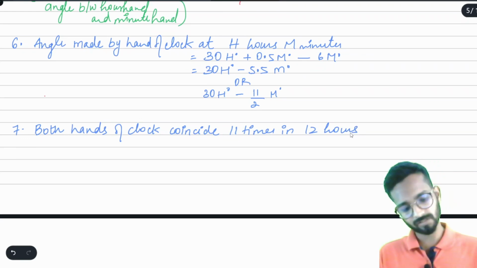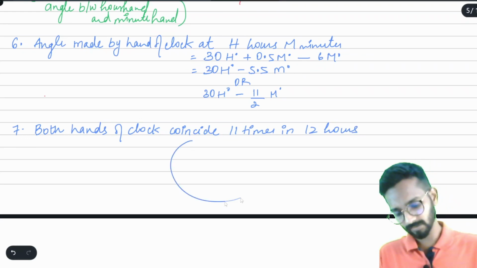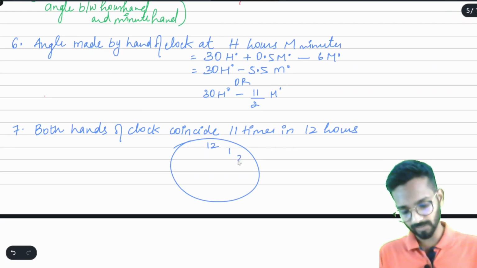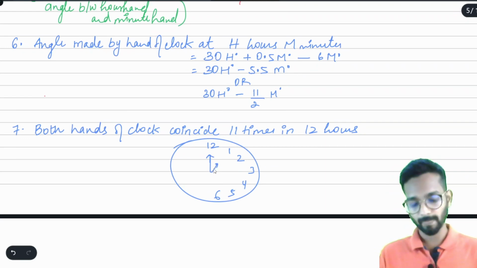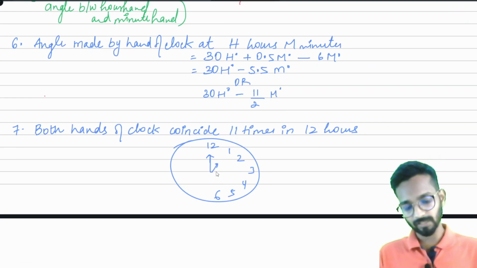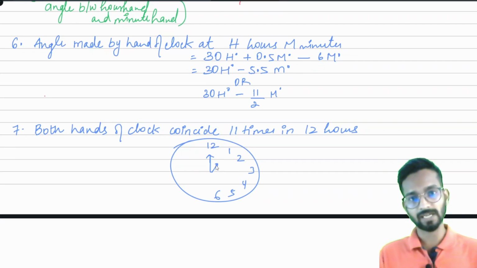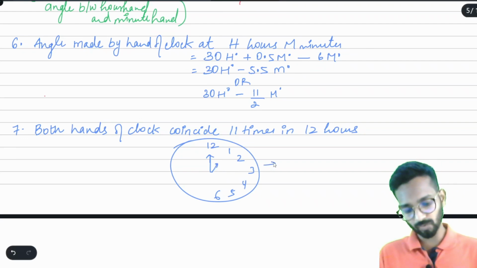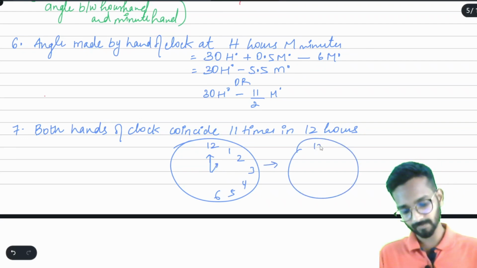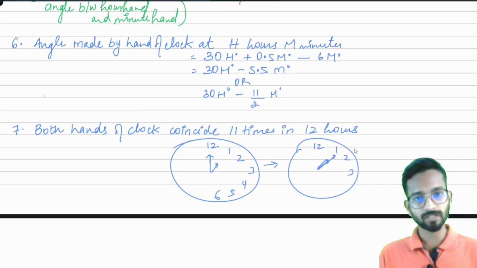Just to tell what coincide means, in the clock 12, 1, 2, 3, 4, 5, 6. Suppose right now it is 1 p.m. After a little more time, or you can say after 5 or 6 minutes, the clock will look something like this. 12, 1, 2, 3. The minute hand will be somewhere here and our hour hand will also be somewhere here only, or you can say exactly here.